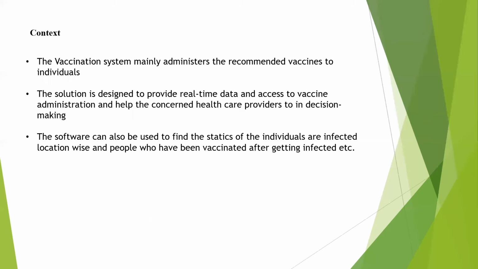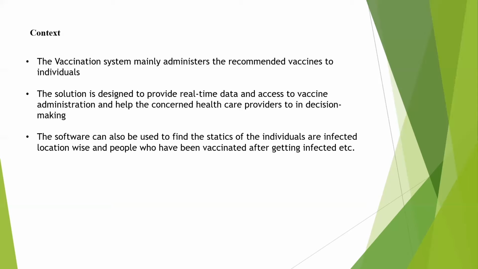Coming to the context. The vaccination system mainly administers the recommended vaccines to individuals based on their age and also keeps track of the medical information of an individual, the address where they reside, and the vaccination status of an individual. It also holds information about the 3 vaccinations available, that is Johnson & Johnson, Pfizer-BioNTech, and Moderna.